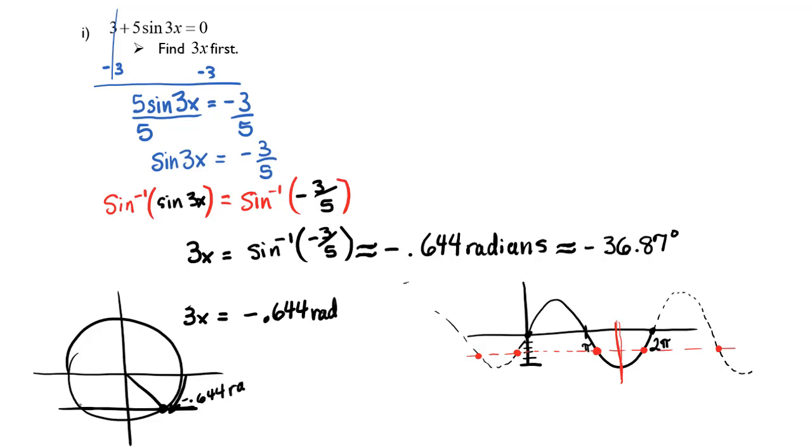But then there will also be another value over here in the third quadrant that's also a possible solution. That means that we need to keep track of that one as well. That will be pi, that gets us to here, pi plus 0.644 radians.